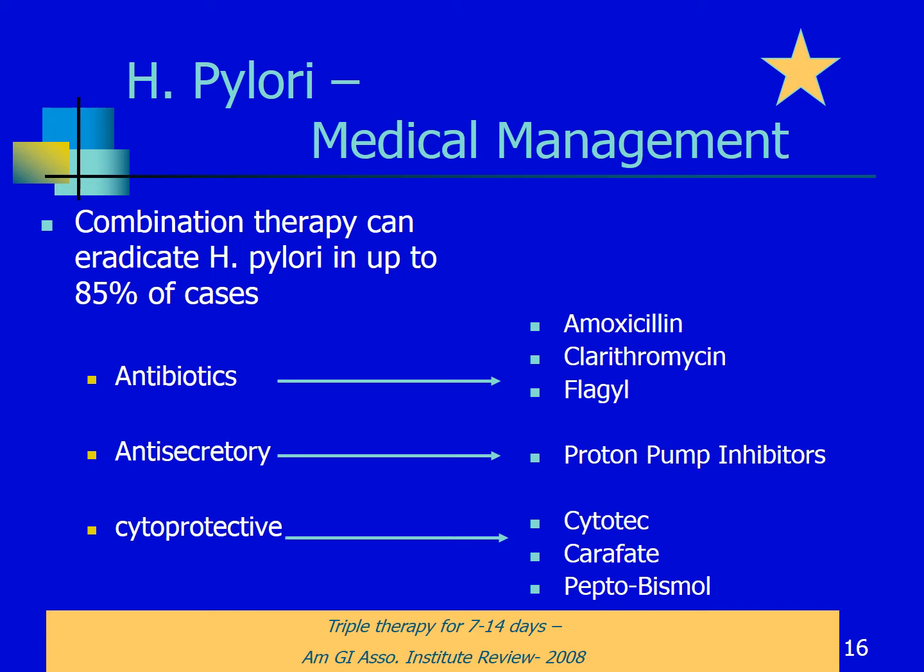So that means antibiotics, usually Flagyl, amoxicillin, Clarithromycin, clindamycin, and the antisecretory ones are the ones that reduce the most acid, the proton pump inhibitors. So we want to use the proton pump inhibitors. And then to protect the layer, Cytotec, Carafate, Pepto-Bismol. All right, so it's a triple therapy, and usually for about 7 to 14 days, right? 7 to 14 days. Next slide.